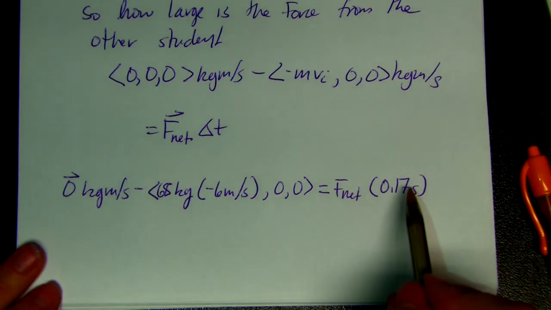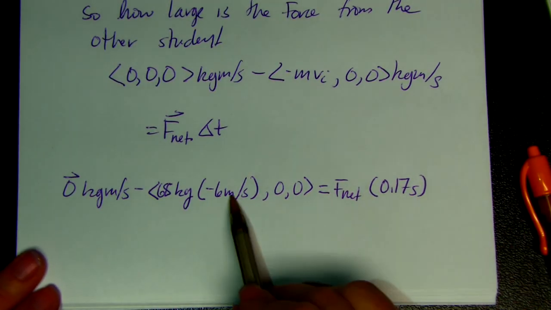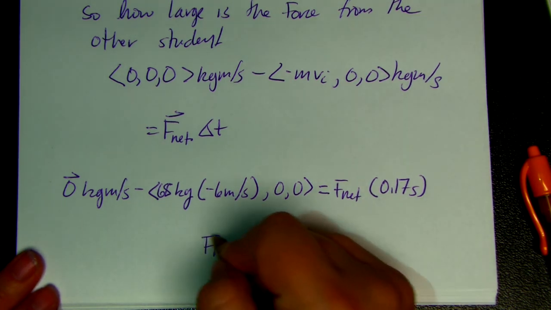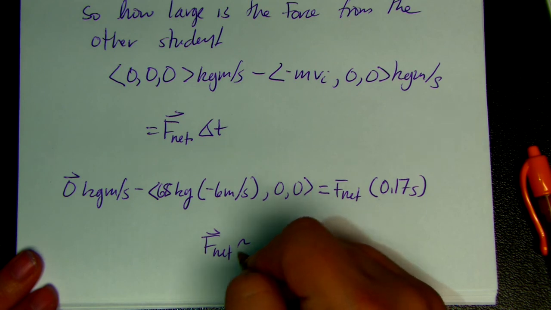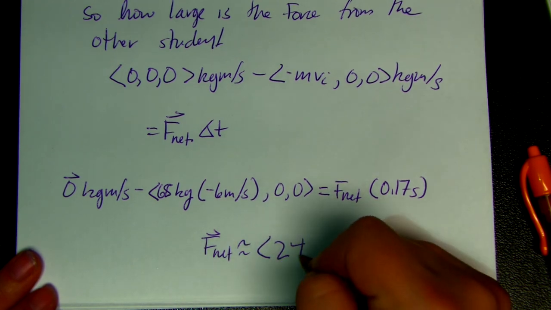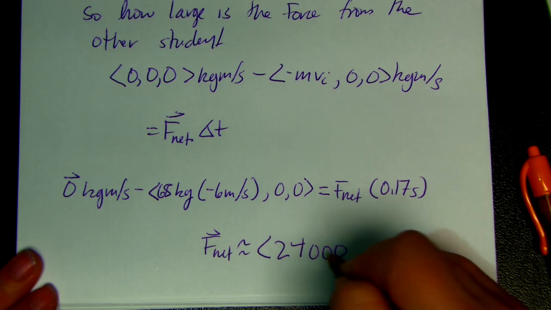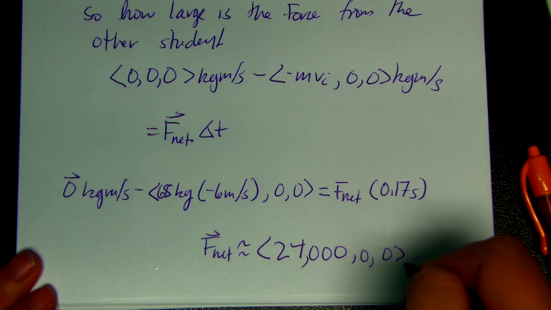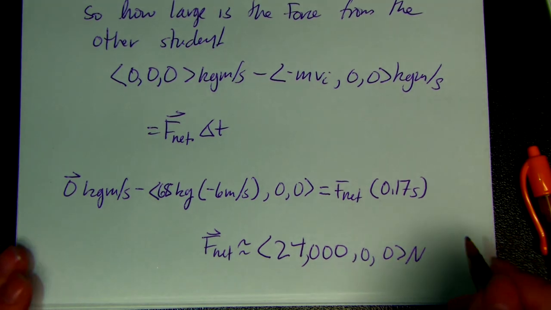So we'll divide this side by 0.17 seconds and we get that F net is approximately 24,000 newtons, which is pretty big. It's a really large force.